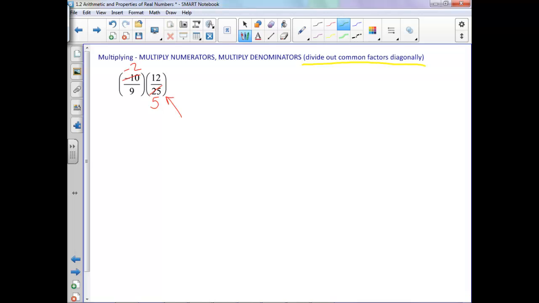Along the other diagonal, we can divide a 3 out from both. So 9 divided by 3 is 3. 12 divided by 3 is 4. Now nothing else is going to divide out, so we now just multiply across. So negative 8 over 15. Key thing, once everything's divided out that can be, you just multiply across.